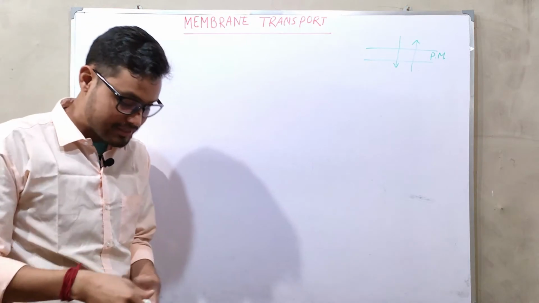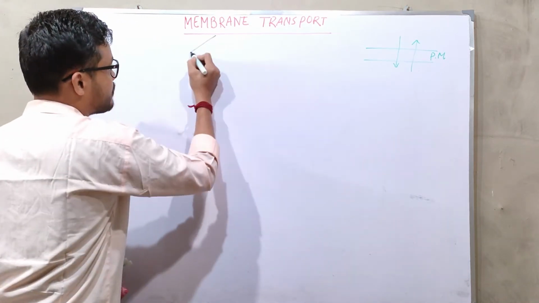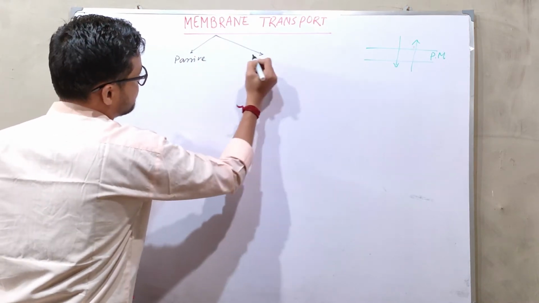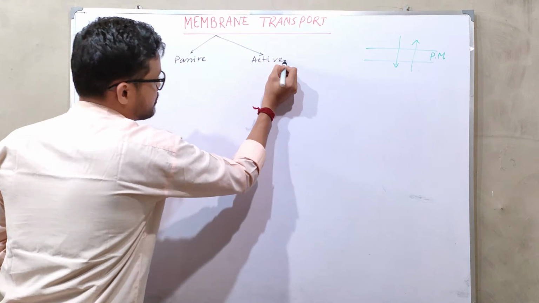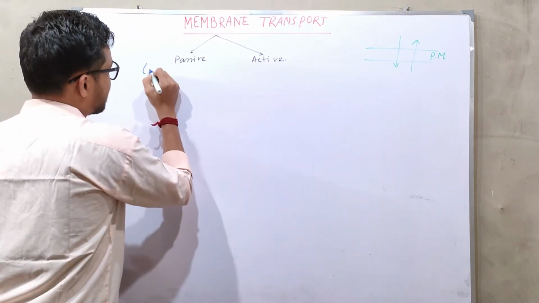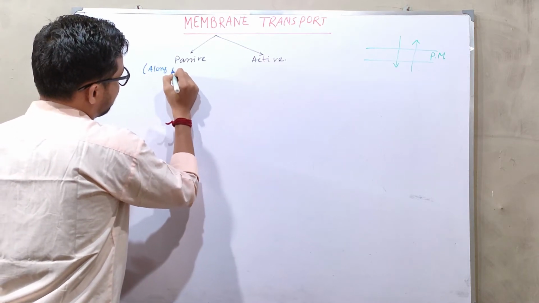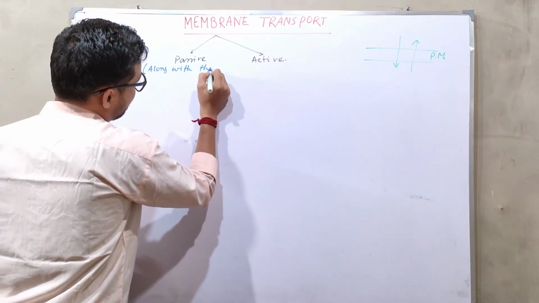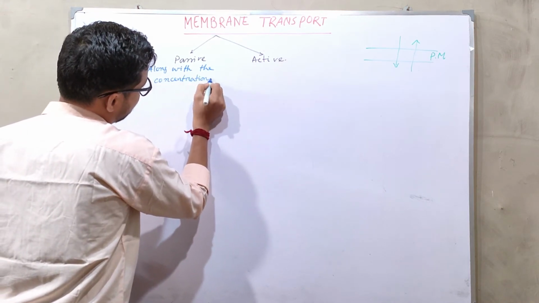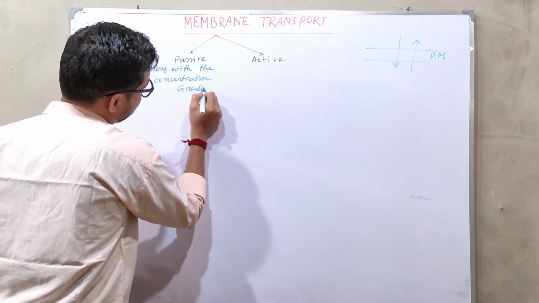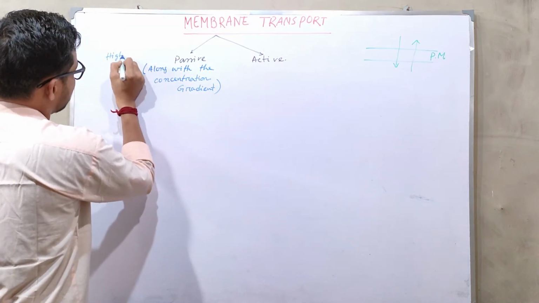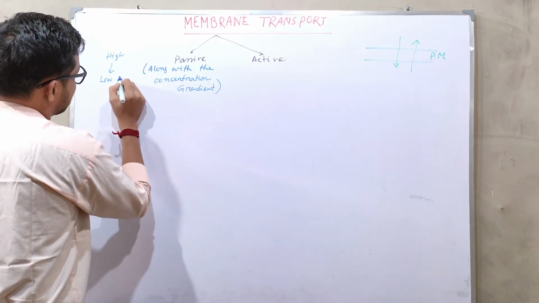Membrane transport is subdivided into two broad categories, that is passive transport and active transport. Passive transport is along the concentration gradient, that means from high concentration to low concentration.